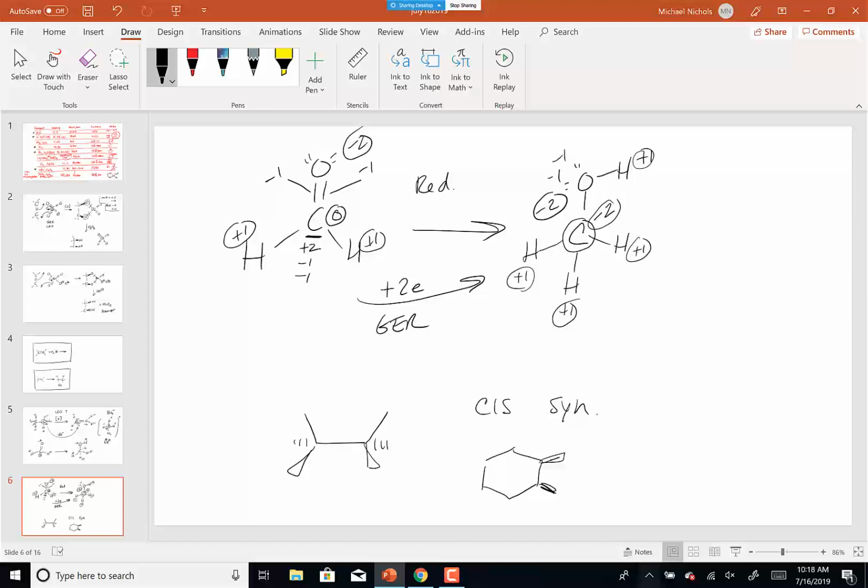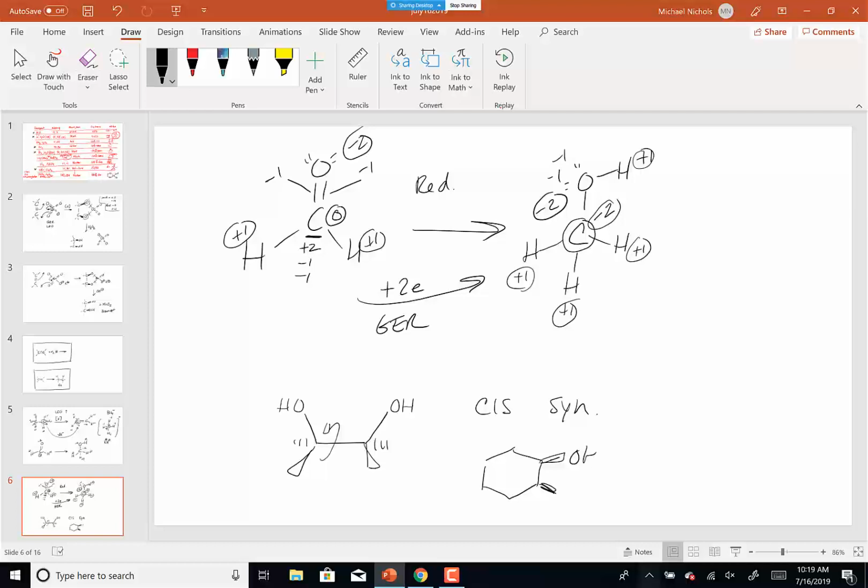So cis really should refer to systems that have no conformational mobility. Meaning that if you have a non-cyclic system or a system without a double bond, I have relatively free rotation. So saying that those two OH groups are cis is technically incorrect because I could rotate them around.